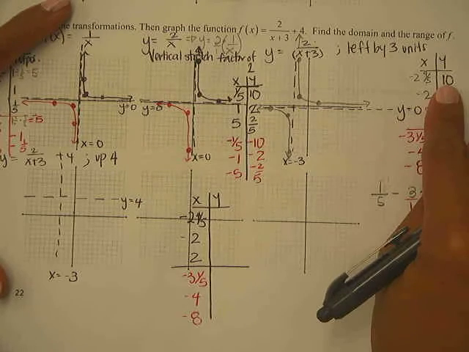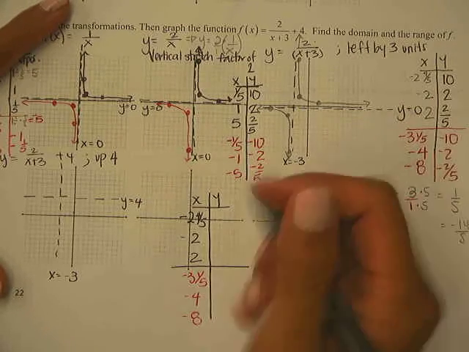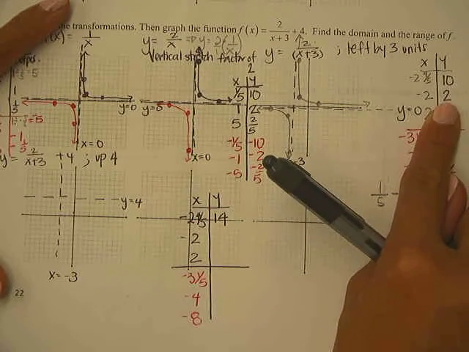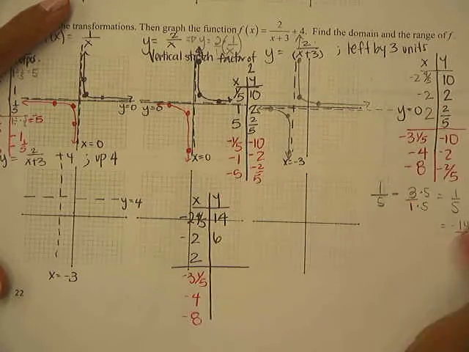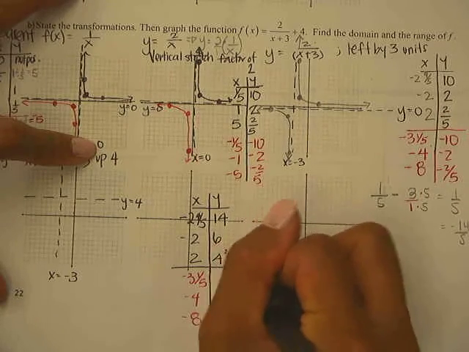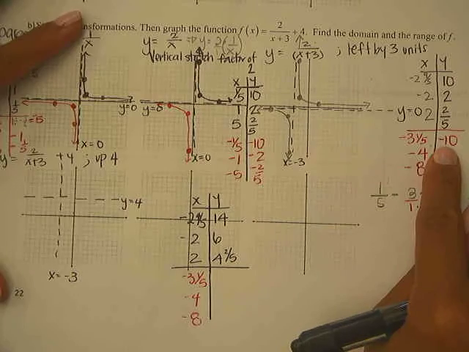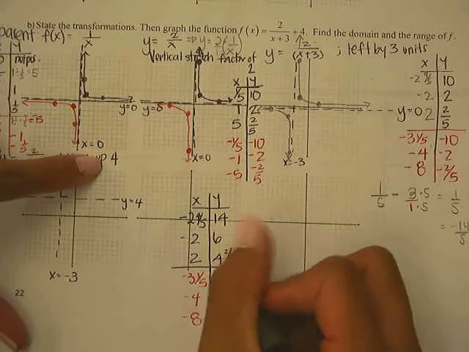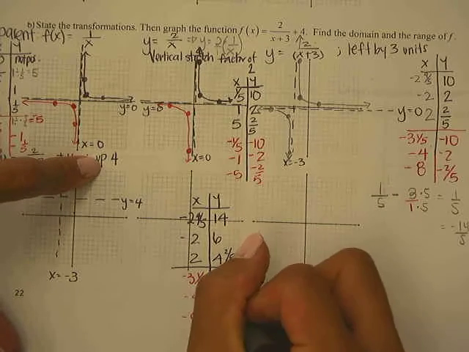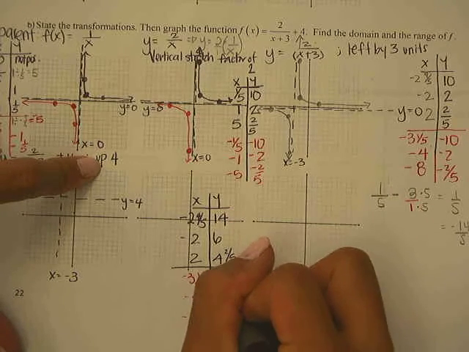Then 10. If I'm moving up by 4, that's now 14. I'm just going to add 4. 2, if I'm going to move up by 4, is currently 6. 2/5, add 4. That's 4 and 2/5. Okay? Negative 10 plus 4, that's going to be negative 6. Negative 2 plus 4, that's going to be a positive 2.